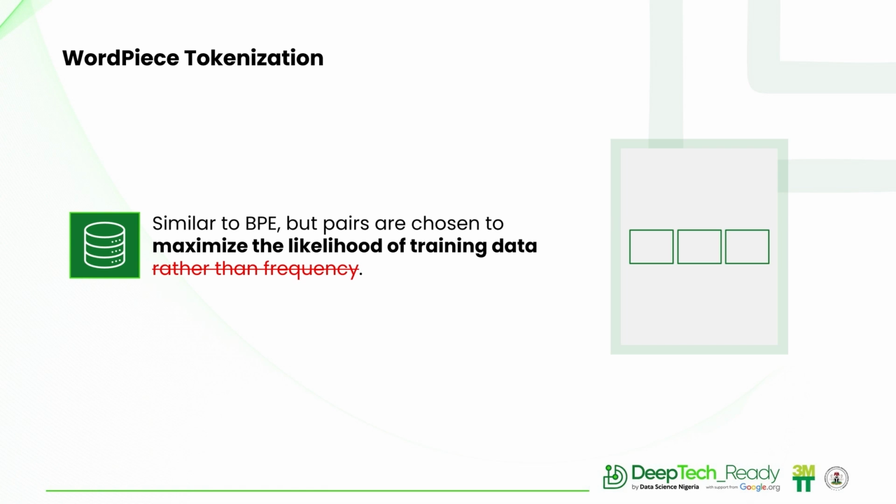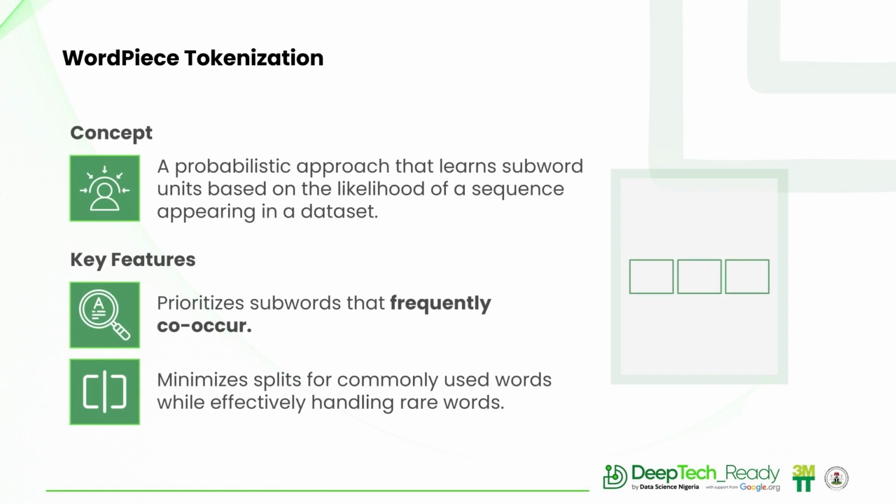So basically, WordPiece tokenization takes a probabilistic approach to learning subword units. Instead of just merging the most frequent pairs like in BPE, it prioritizes subwords that are likely to appear together based on the likelihood of sequences in a given dataset.